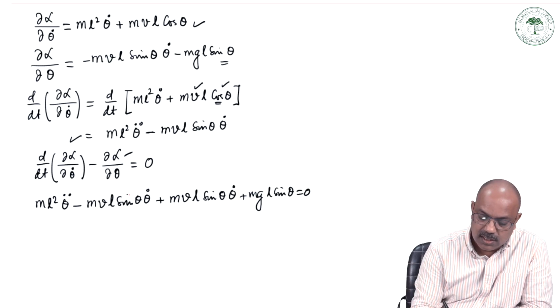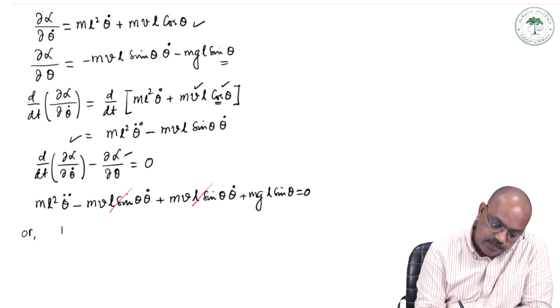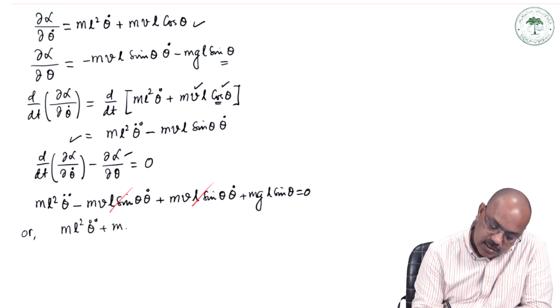So you see these two cancel each other, we get rid of these two terms, and what I have is ml² θ̈ plus mgl sin θ equal to 0.